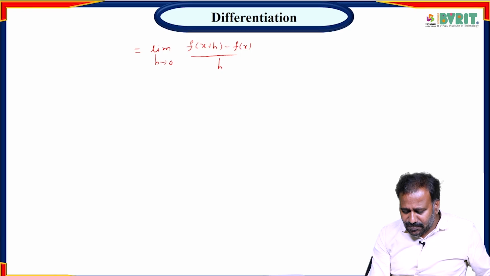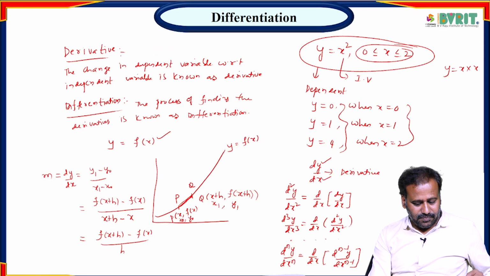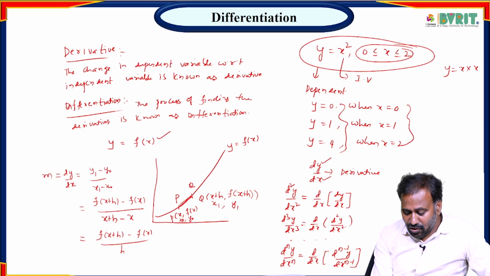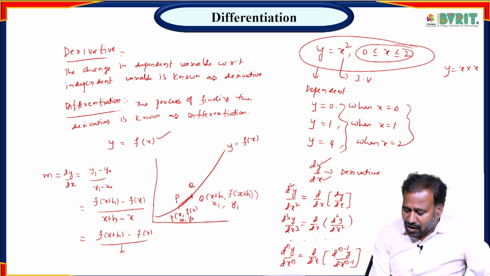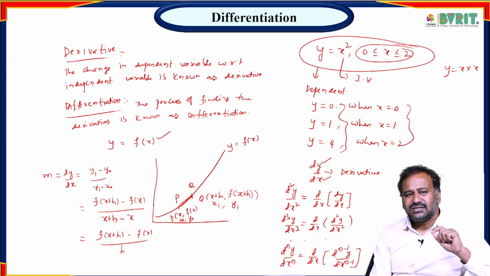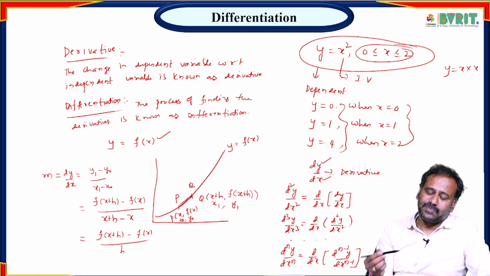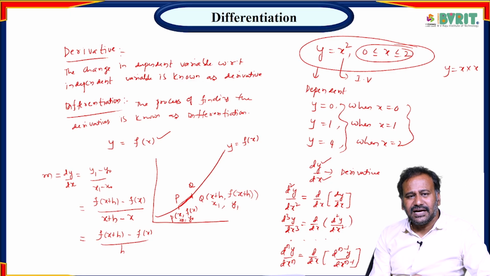Let me go back to the previous diagram. If Q approaches P, then how the change is carried forward in the y value with respect to x, that is known as the derivative.